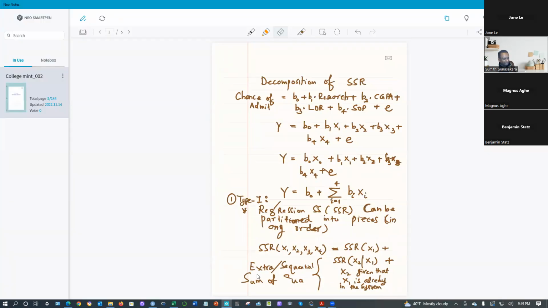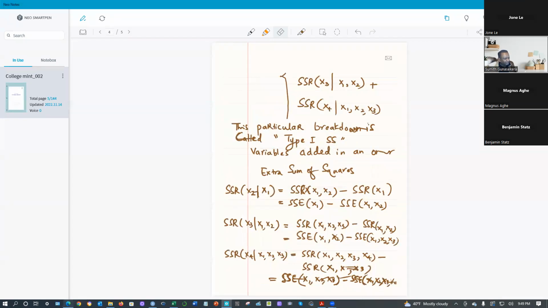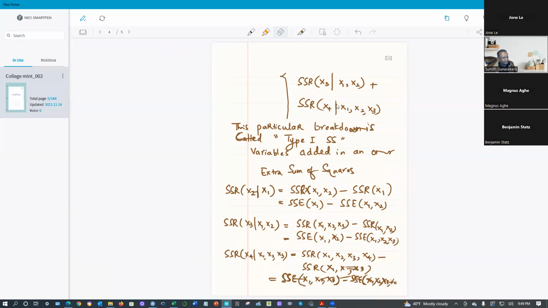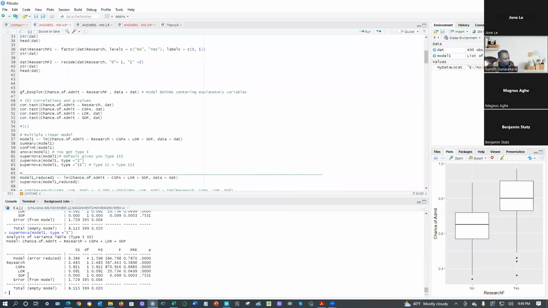the third variable, systematically, SSR of letter of recommendation given that research and CGPA are already in the system, plus SSR for the fourth one, statement of purpose, given that these three are already taken into account and exist in the system.